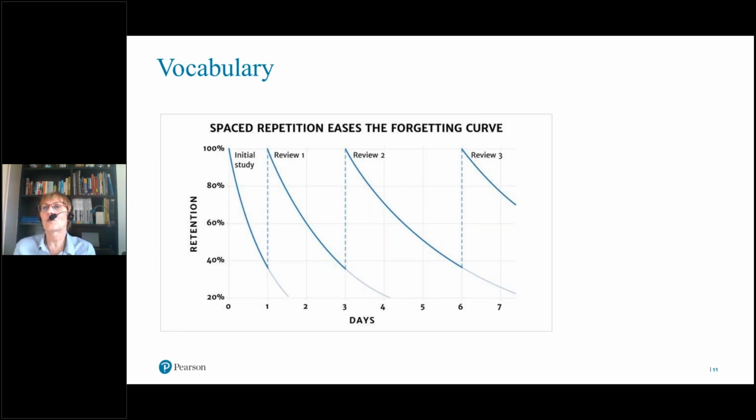The forgetting curve is also known as the Ebbinghaus curve, because it was invented by the psychologist Hermann Ebbinghaus back in the 1880s. And he wanted to see what happens to memory. So he experimented on himself, and he taught himself some nonsense syllables, and then he tried to see how much he could remember.